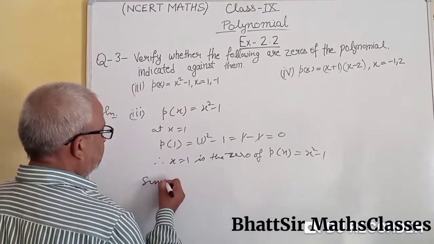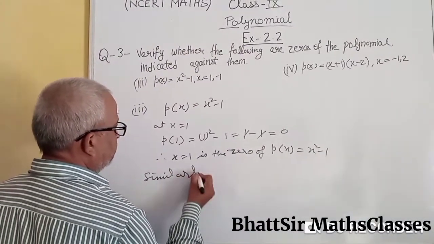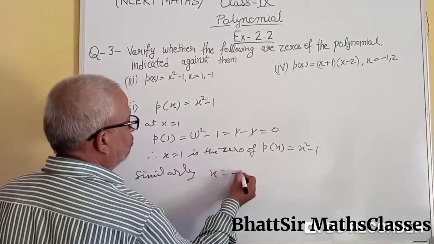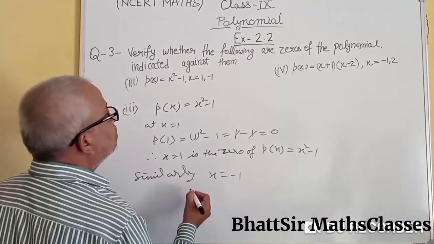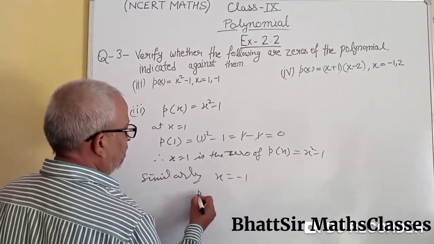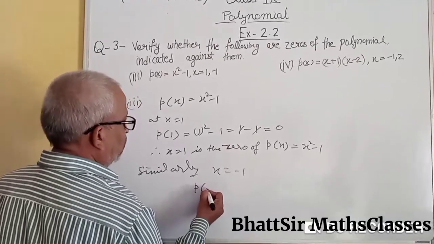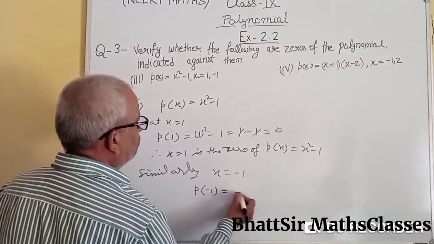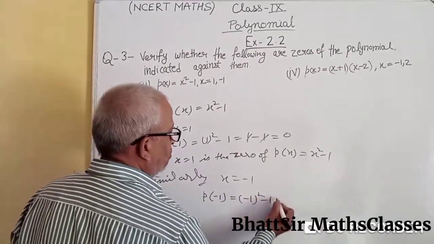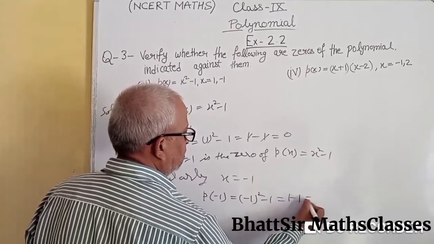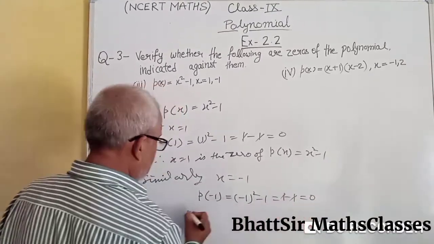Similarly, x equal to minus 1. P(minus 1) equal to minus 1 square minus 1, equal to 1 minus 1, equal to 0.